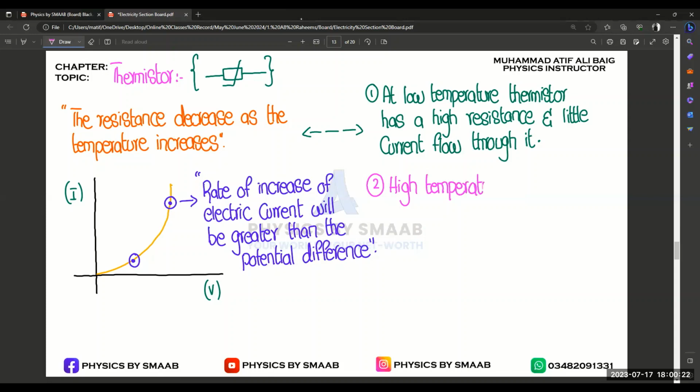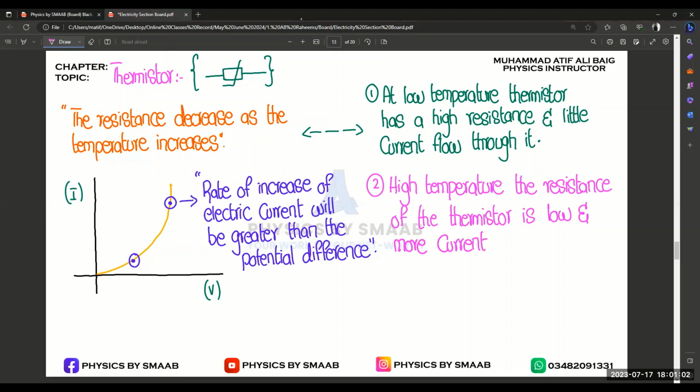But in this situation, at high temperature, the resistance is low and more current flows through it.